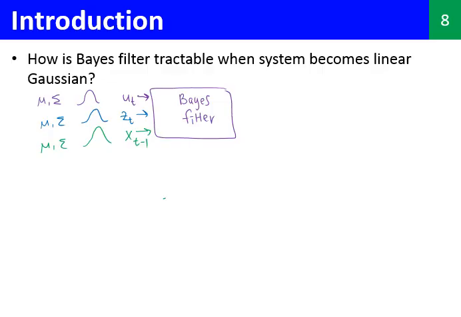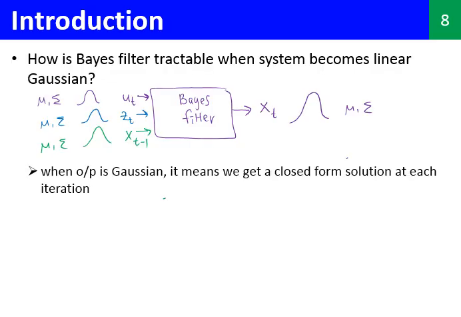Okay, and we just said that our output is going to be distributed according to a Gaussian distribution which has the parameters mu and sigma. Of course, we are talking about different mu's and sigmas. So when the output is Gaussian, that means we are going to get a closed form solution at each iteration.